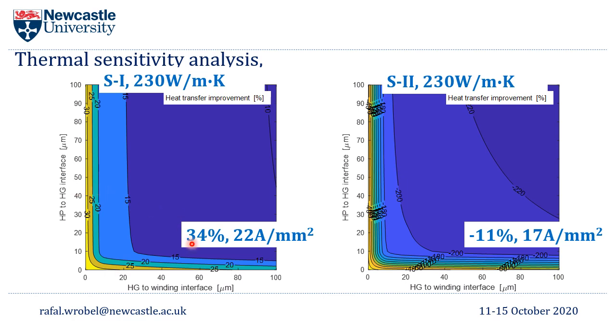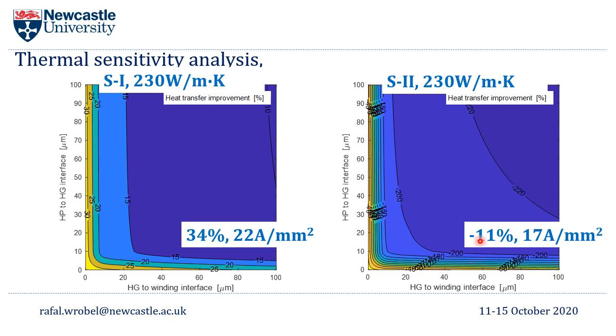In the best case scenario for system 1, we can achieve 34% improvement with 22 amps per meter square for 180 degrees C winding hotspot temperature. For system 2, the system underperforms here, so the performance is poorer than the conventional water jacket housing cooled system.